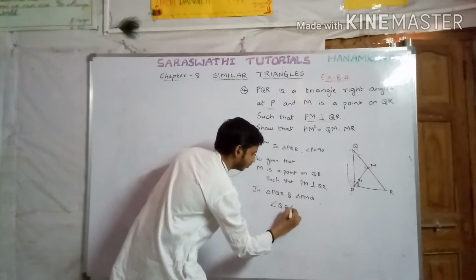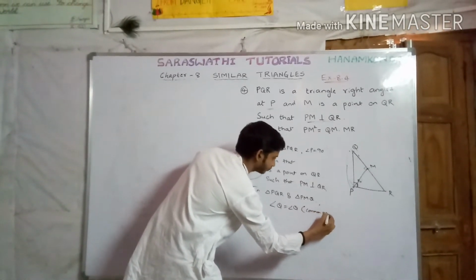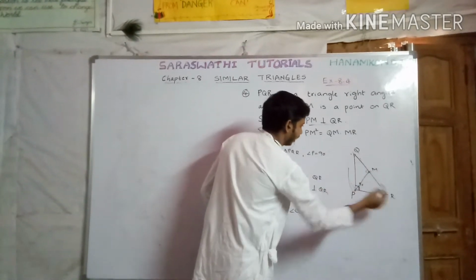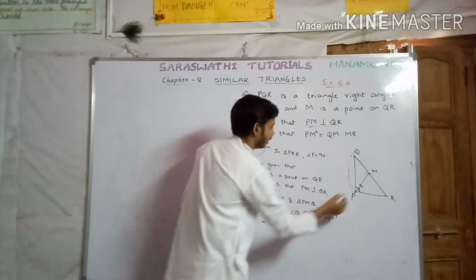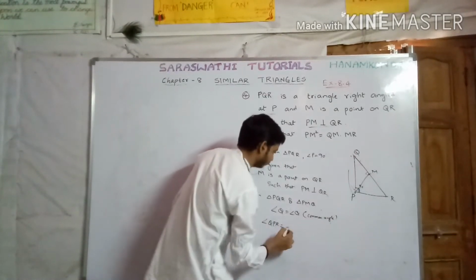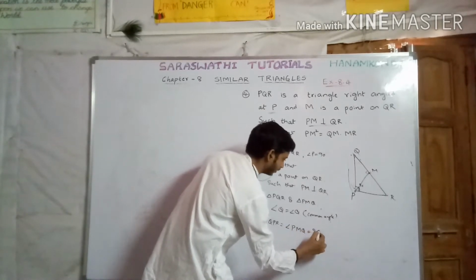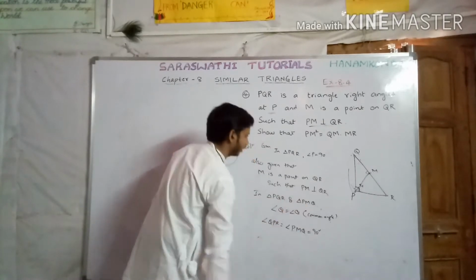So angle Q equals angle Q, common angle. Next, angle QPR equals angle PMQ, which equals 90 degrees. So therefore, triangle PQR is similar to triangle PMQ.